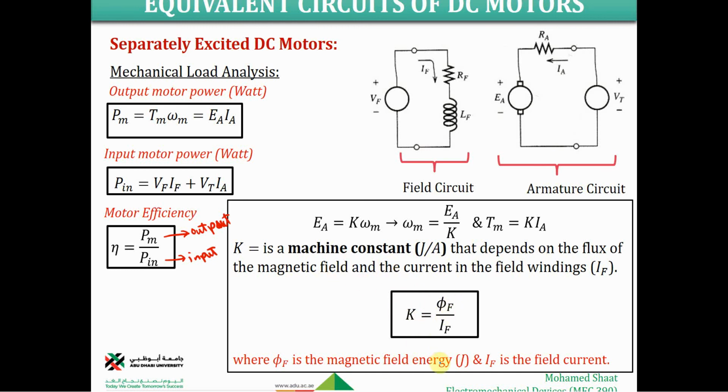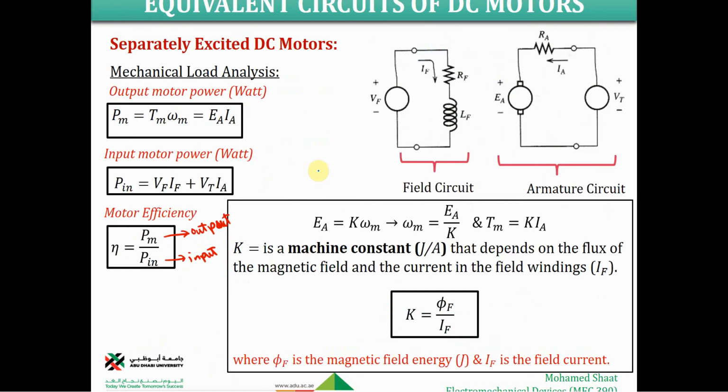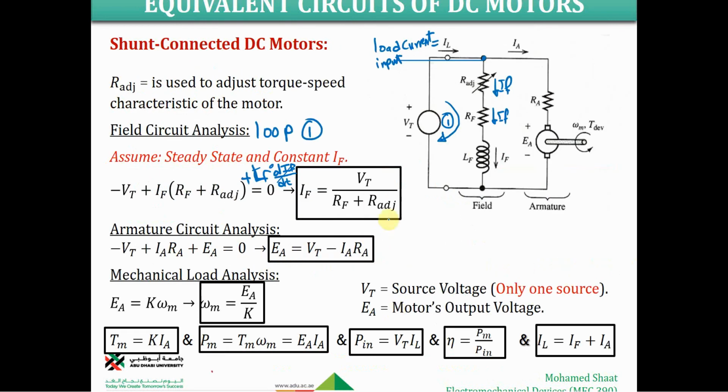This is the magnetic field energy divided by the IF. So if we increase this R, IF is going to decrease, and if IF decreases, this K is going to increase. If we would like to decrease the motor constant, we can change the value of R. So this is like another control.